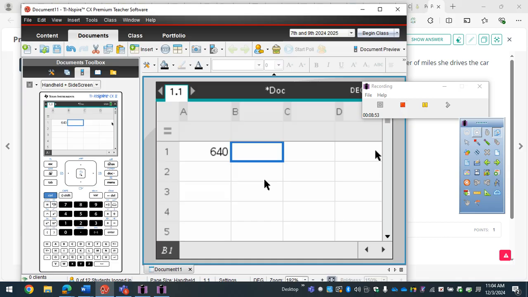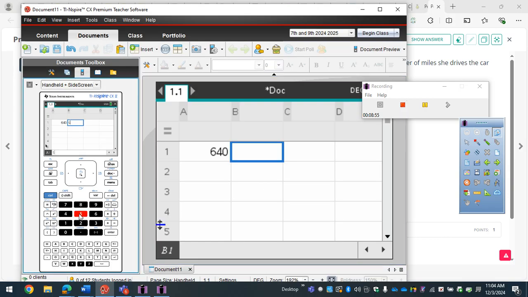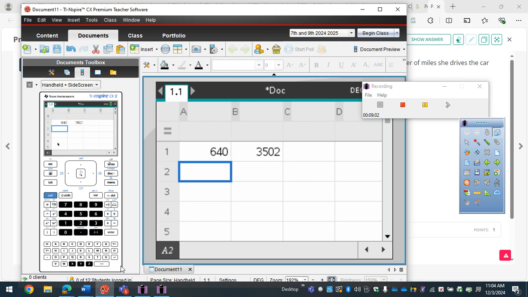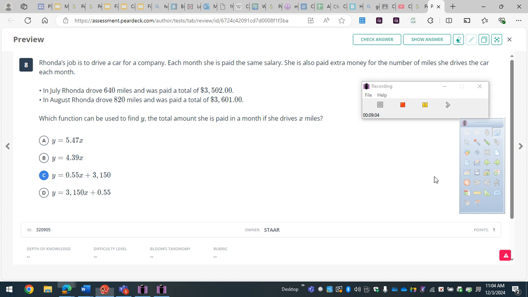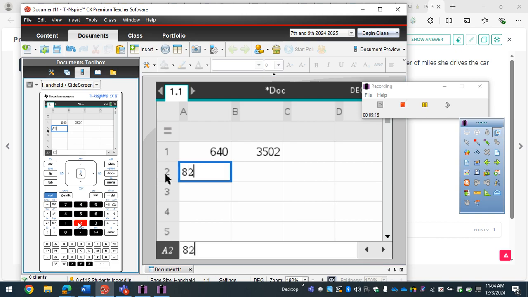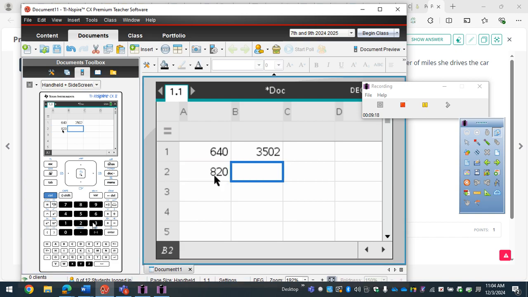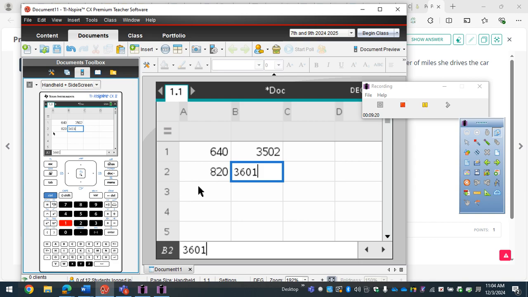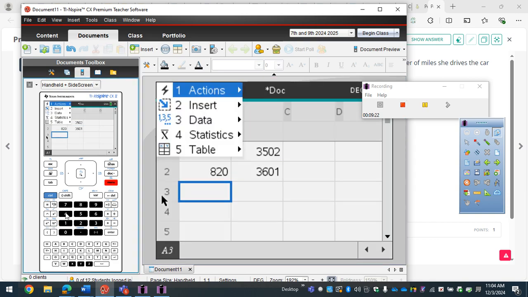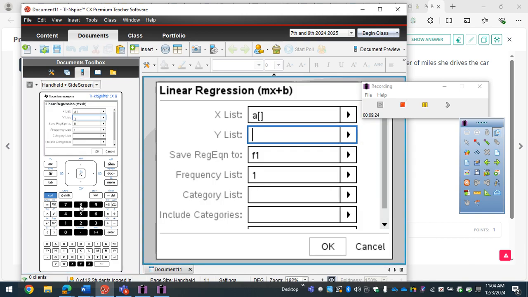3502. Right. 3502. And then here it'll be 820 and 3601. 820, 3601. And go to Menu 4, 1, 3.